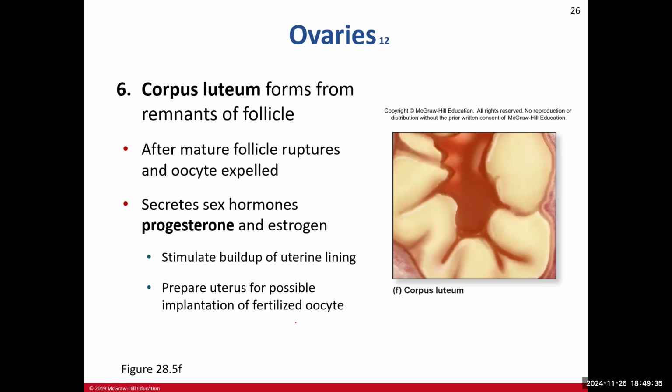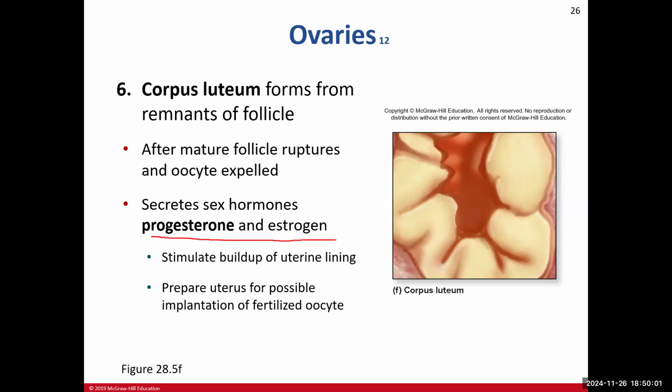So we've ejected out the secondary oocyte, and now that mature follicle is going to transition into what we call the corpus luteum. And the corpus luteum is actually going to become, for a short period of time, an endocrine gland. This thing is going to release both progesterone and estrogen.